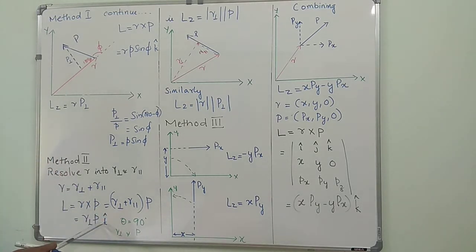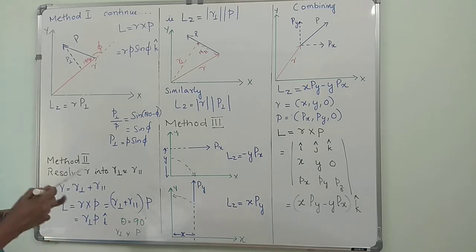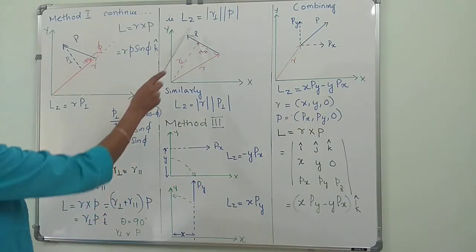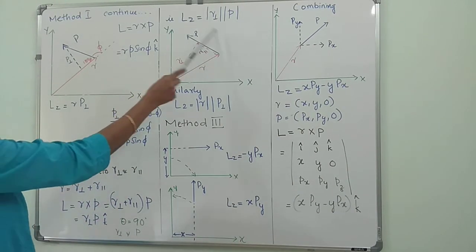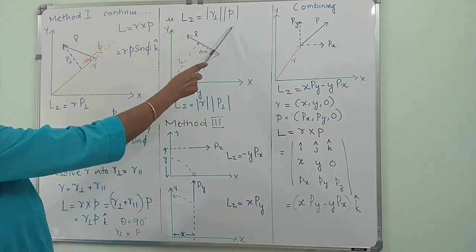So this is along z direction. So I can represent it as the z component Lz. Here I have shown only the magnitude of the Lz. k is not shown because I have already said it is in the z direction. So this is modulus of r perpendicular into p.